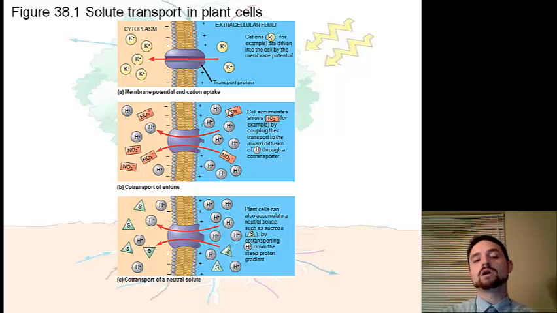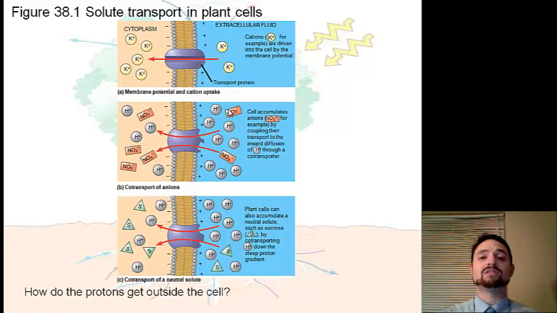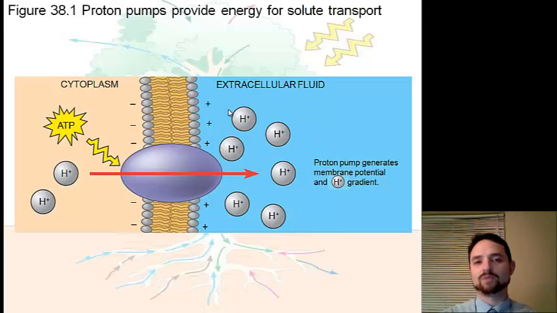This also will work for neutral solutes like sugar. Sugar's a neutral solute. Sucrose, for instance, needs to go into the cell. How does it get into the cell? It piggybacks on the proton. Well, how are those protons able to get out of the cell? How do you get so many of them out there? Well, you've got to have a pump to get them out. Now, this pump does take energy.